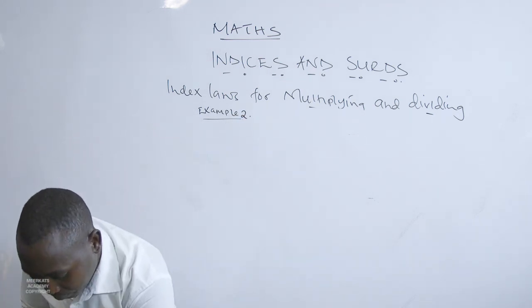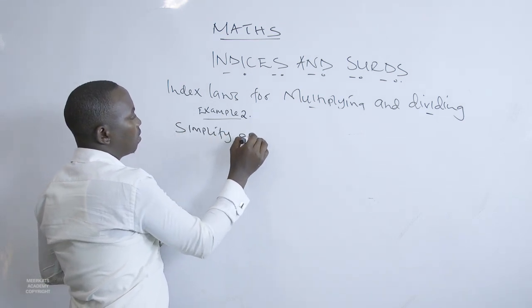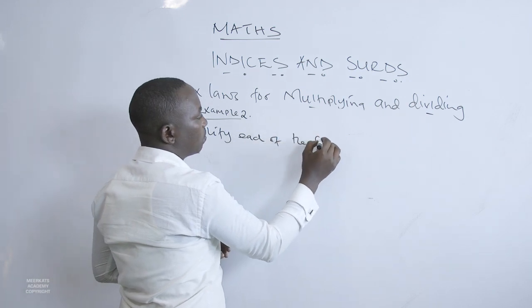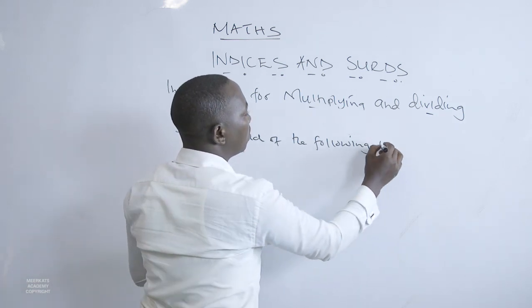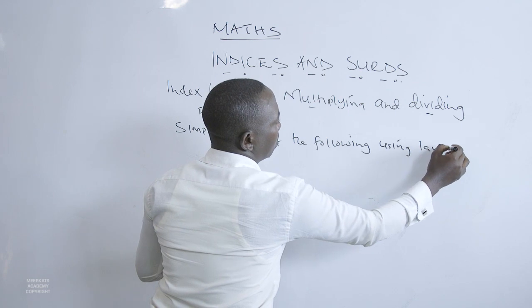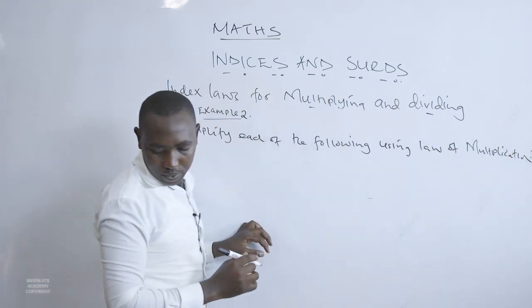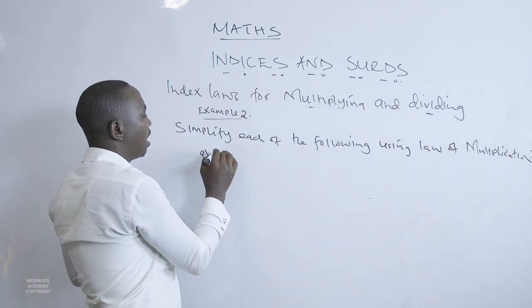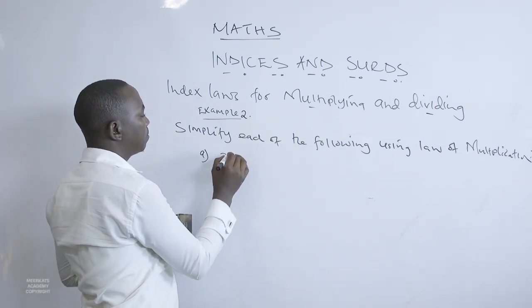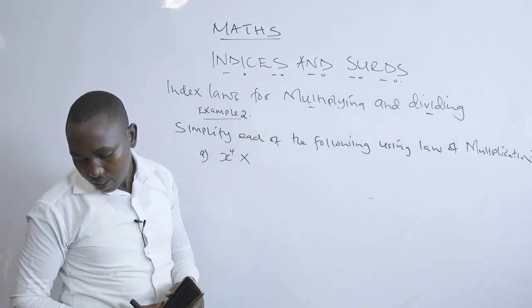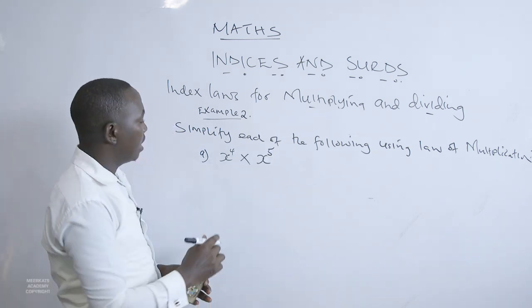Example 2, simplify each of the following using the law of multiplication. 1, we have x raised to the power of 4 multiplied by x raised to the power of 5.